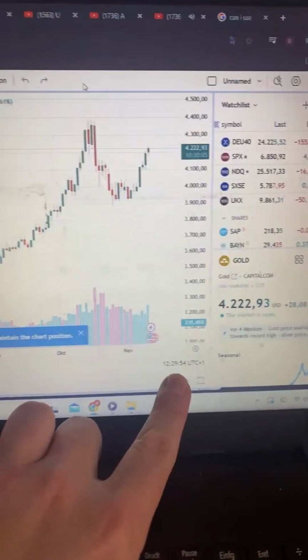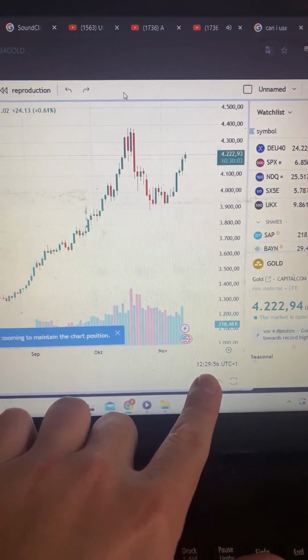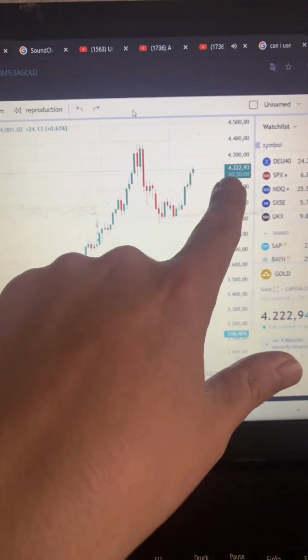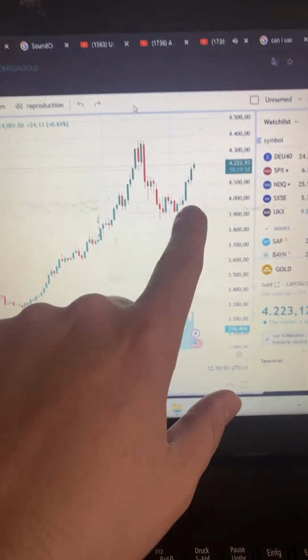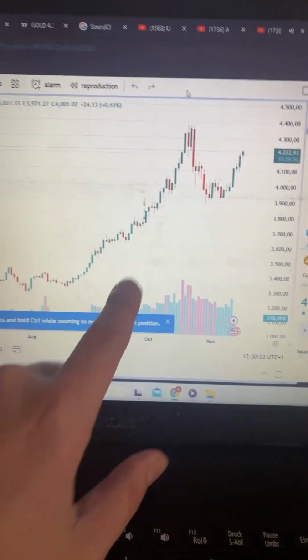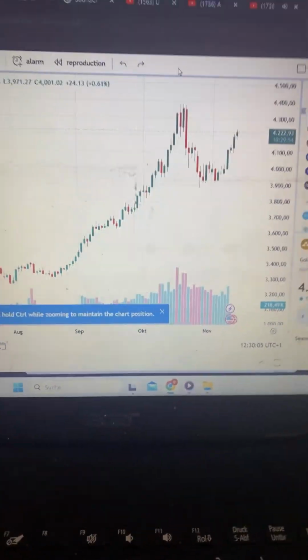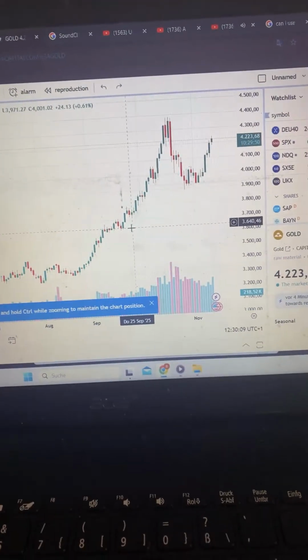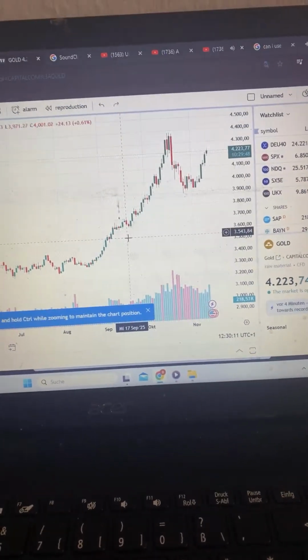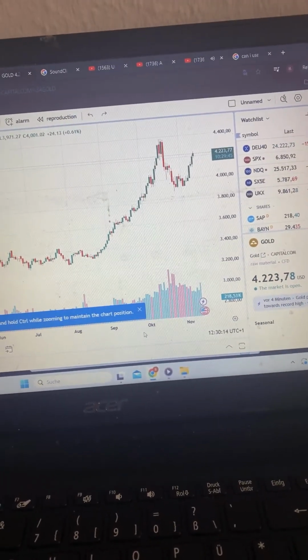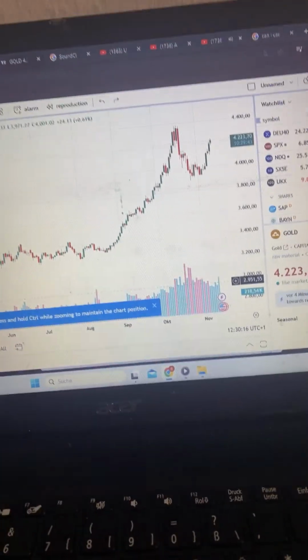So it's 12:29 Central European time. Gold is at 4222.93. Where's the time? Just trying to see what it was at earlier on today.